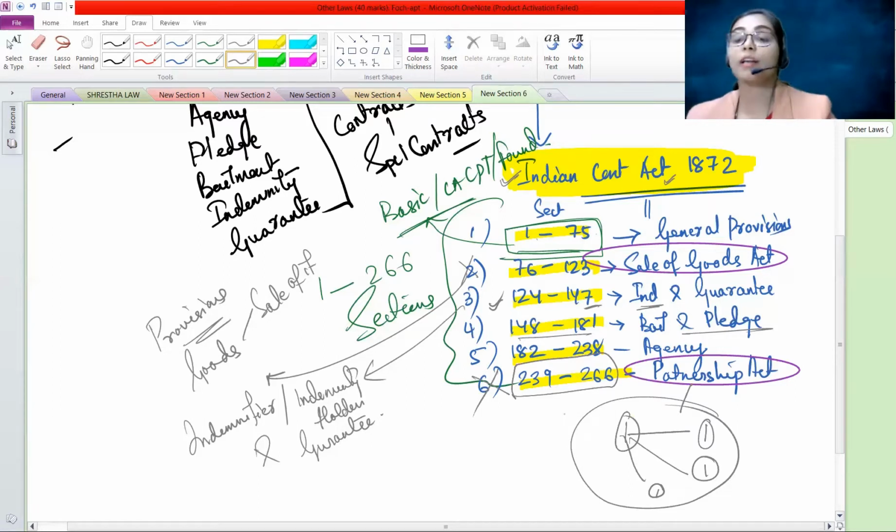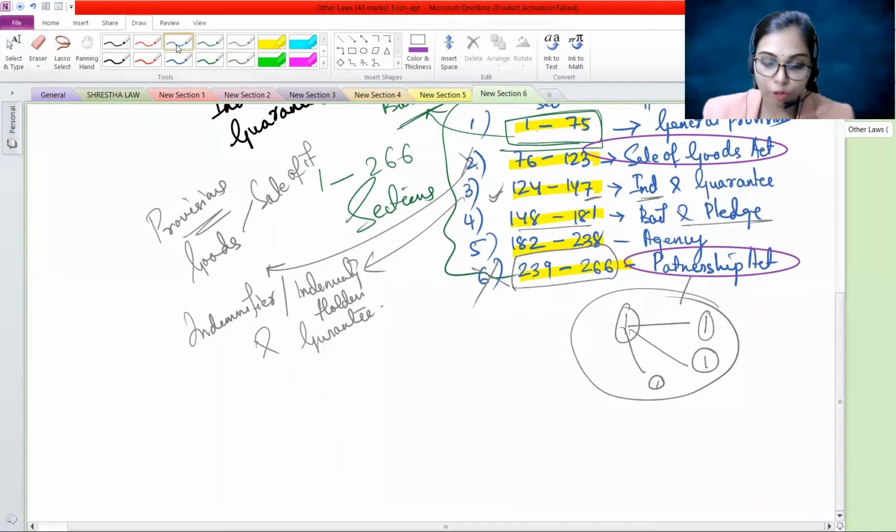It is covered in the Partnership Act, which is taken separately as a chapter. So in short, we have to read only these portions.